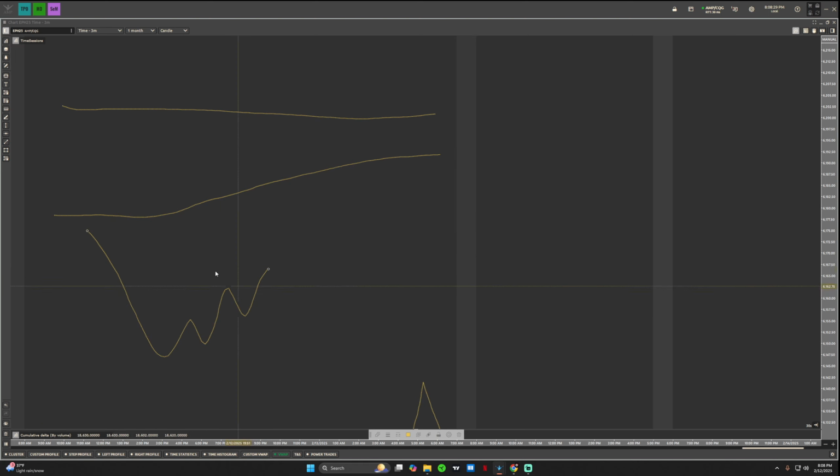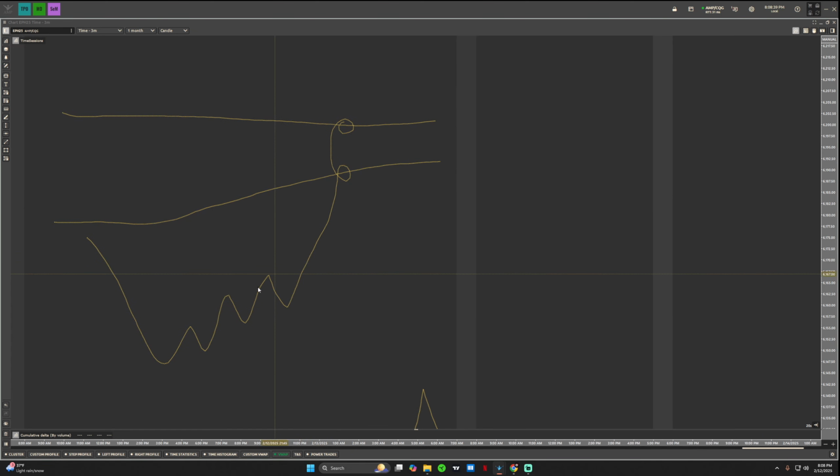What are you looking to do? You're looking to buy one of these two VWAPs. Alright? It is really simple. So you know you're not going to be looking for sells. So you have a clear bias, you look for a fair value gap, you look for a CISD, you look for something, and you can enter.